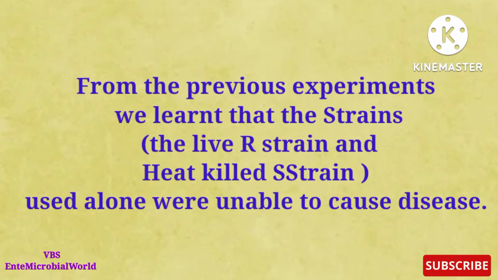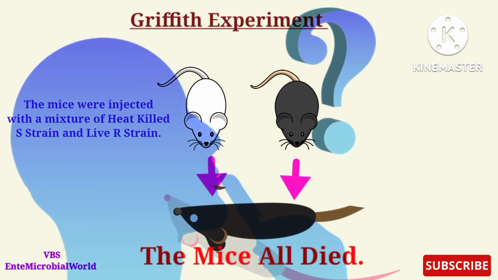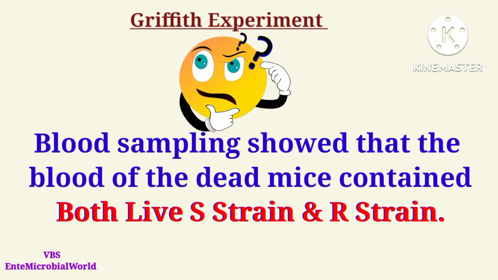From the previous experiment, we learned that the strains used alone were unable to cause disease. But surprisingly, the mice all died. Blood sampling showed that the blood of the dead mice contained both live S strain and R strain.